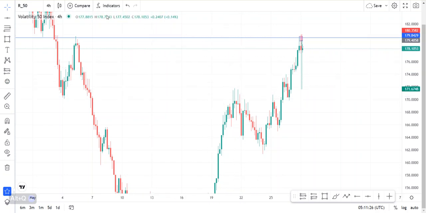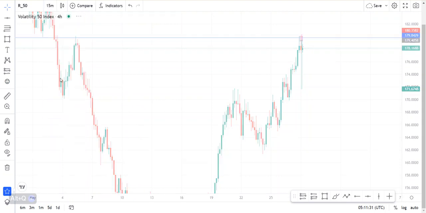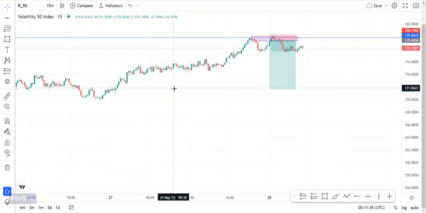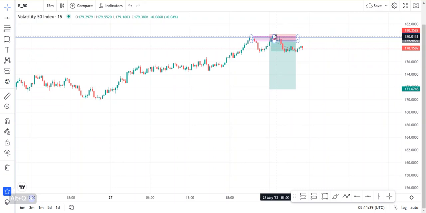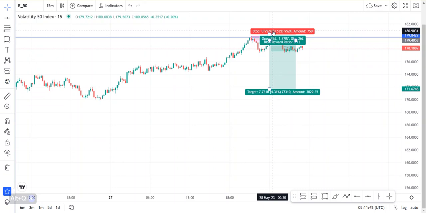So let's go back to the 15 minutes time frame so that you can see properly how huge that move is. You can see this is a 1 to 7 risk reward.